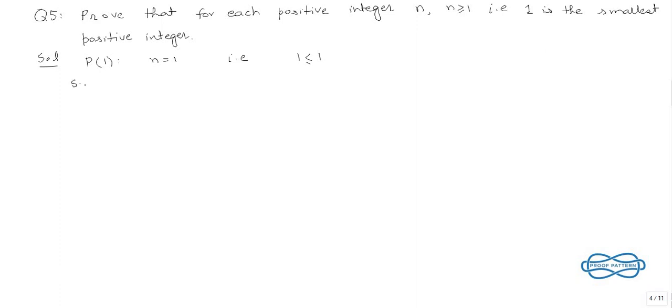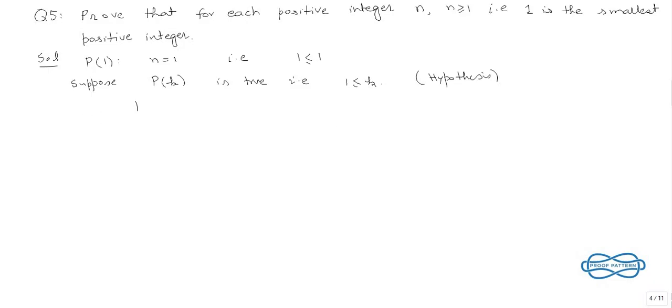And now suppose that Pk is true, that is 1 is less than or equal to k. That is hypothesis. And now we will prove that 1 is less than or equal to k plus 1.